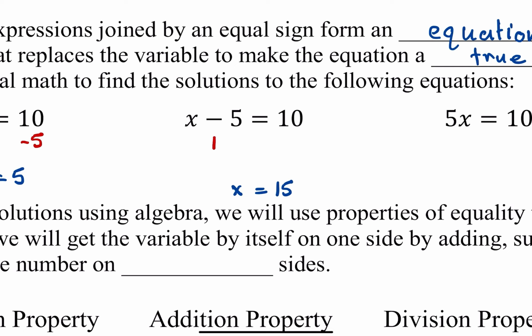Well, you would say, I want to get rid of this 5. I want to isolate the x. If I add 5 to the left side of the equation, I must add 5 to the right side of the equation. So again, the 5s are opposite signs, so those are 0. The x came down here, and 5 plus 10 is 15.